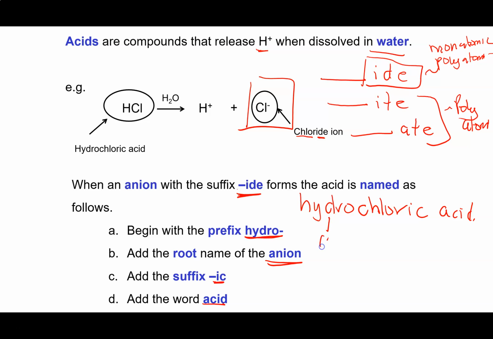So hydro is part A of the naming process, chlor is part B, the IC is part C, and then finally we add the word acid. It's a non-trivial process, but you can't begin until you've named this anion.